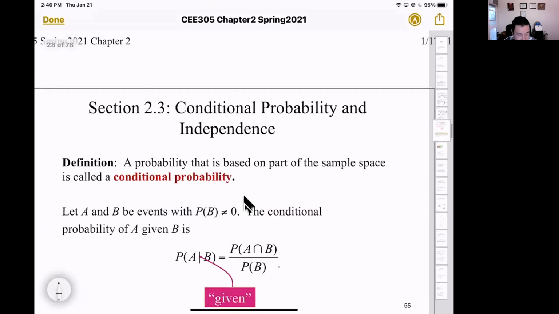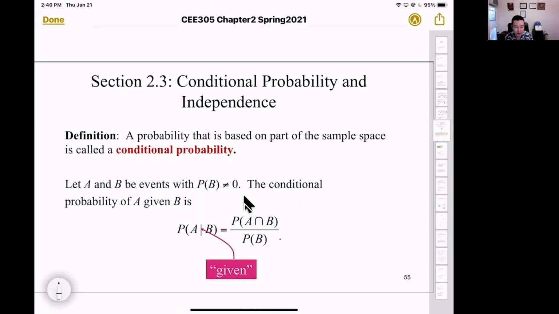All right. So section 2.3, conditional probability and independence. Look at the definition: a probability that is based on part of the sample space. For example, we know it is already too thick.